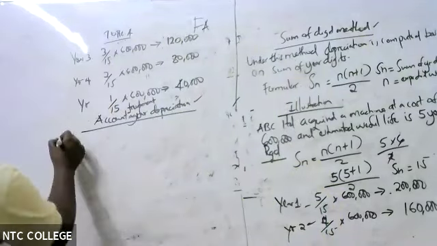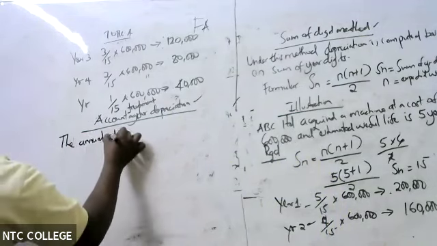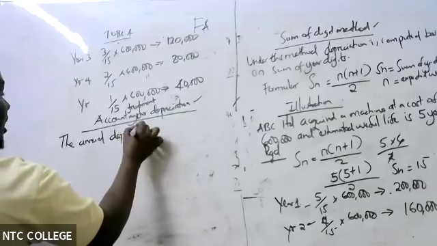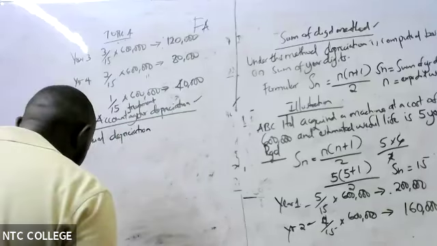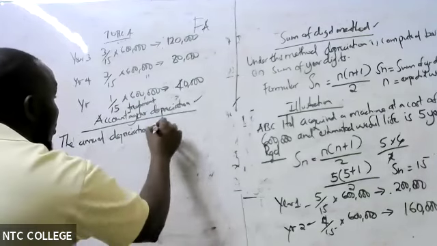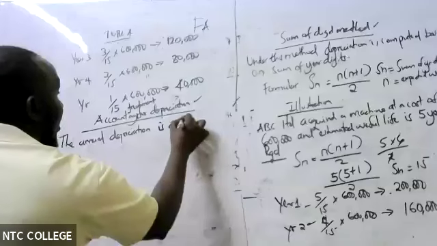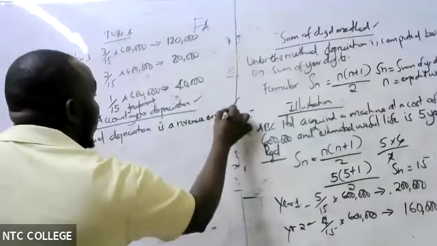So we say the annual depreciation is a revenue expenditure.